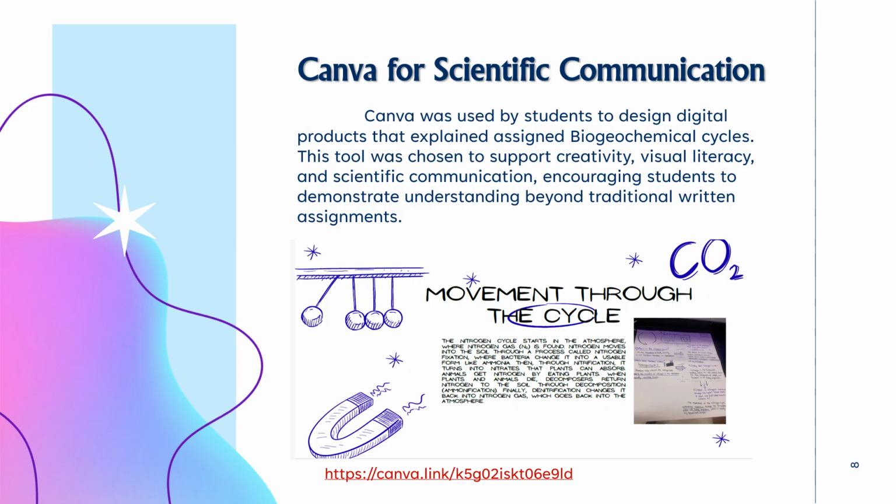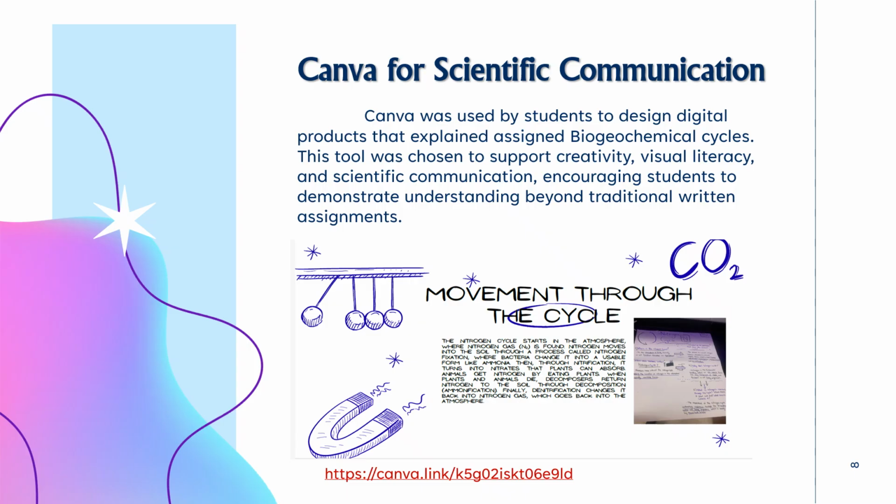Canva. This example comes from a unit on biogeochemical cycles. Students use Canva to create digital visuals that explain their assigned cycle. The artifact on the slide shows a student-created product. I chose Canva because it allows students to organize information visually and communicate complex biological processes more clearly.